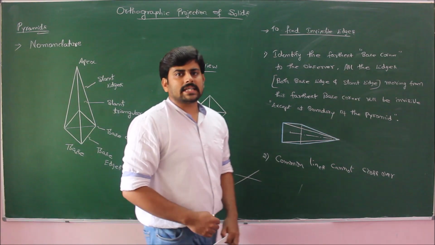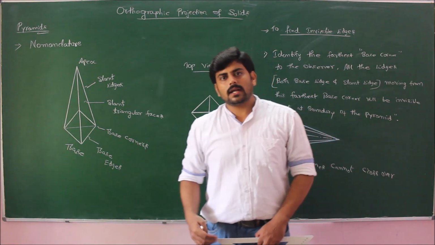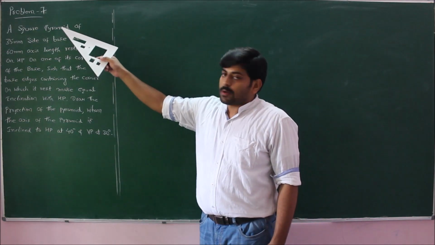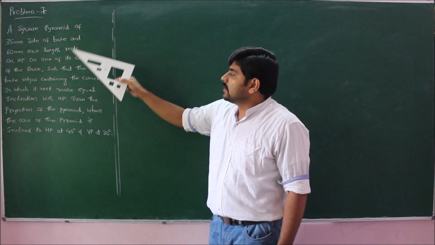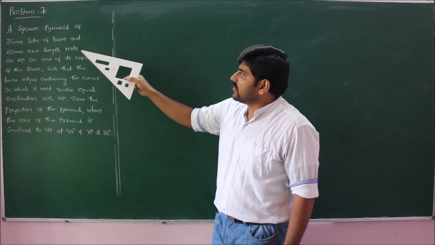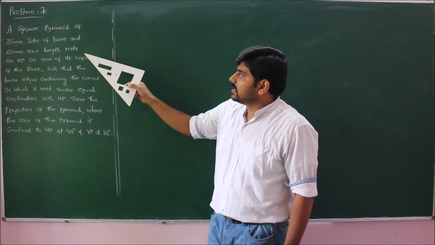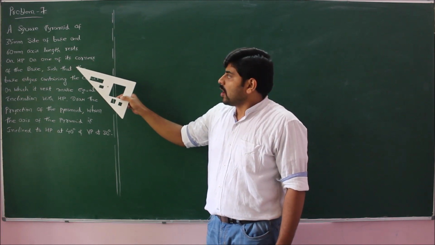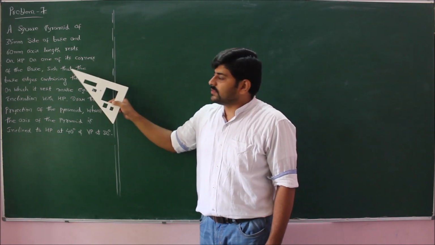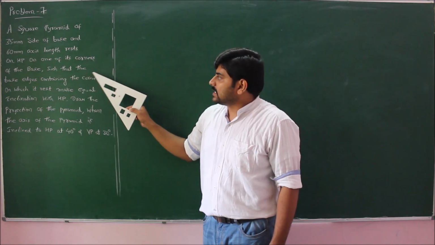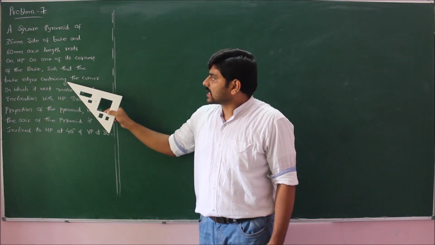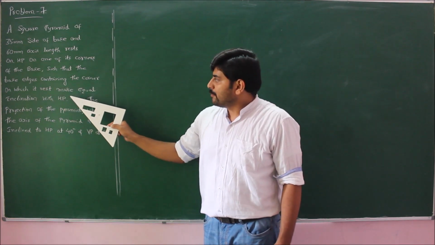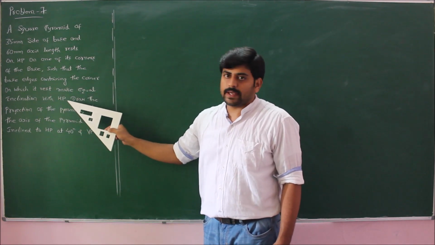With this basic knowledge, let us move on and solve our first problem on pyramids. Problem number 7 states that a square pyramid of 35 mm side of base and 60 mm axis length rests on HP on one of its corners of the base, such that the base edges containing the corner on which it rests make equal inclination with HP.